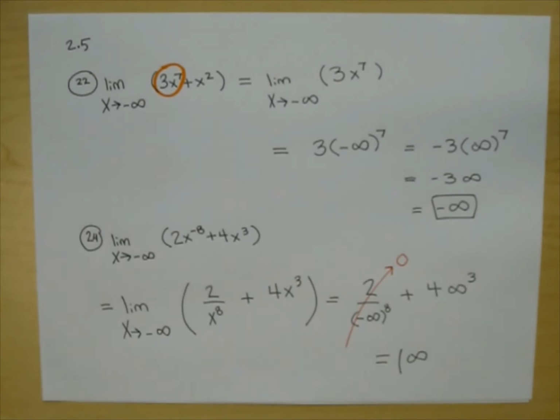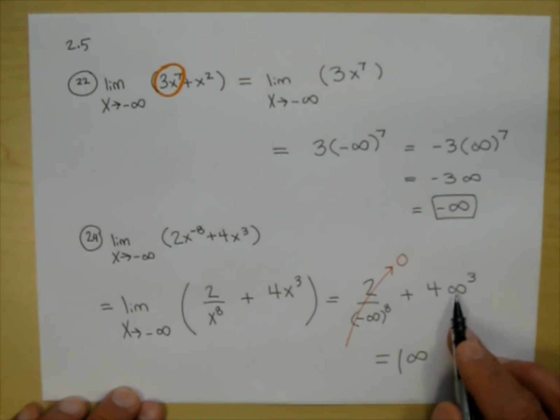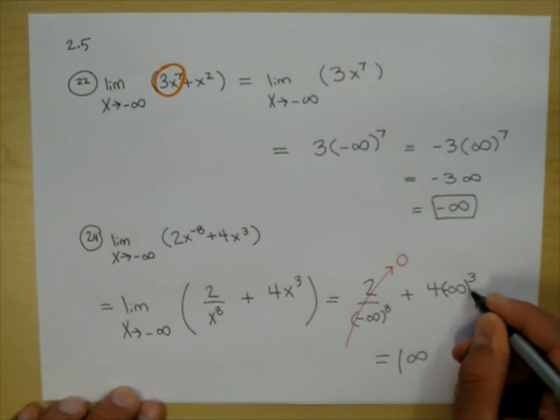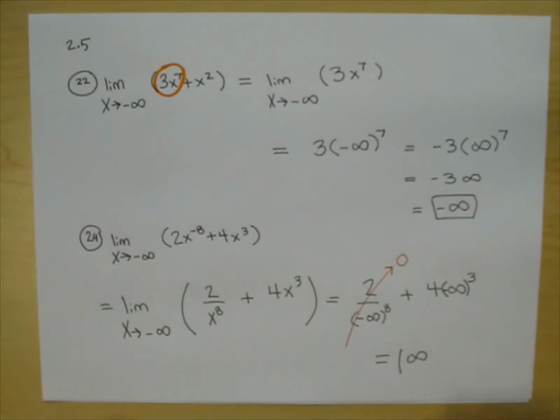Oh, okay. Almost messed it up. I'm plugging negative infinity in. I just noticed this out of the corner of my eye. Somehow I forgot that I was plugging negative infinity in. So that's a negative infinity.